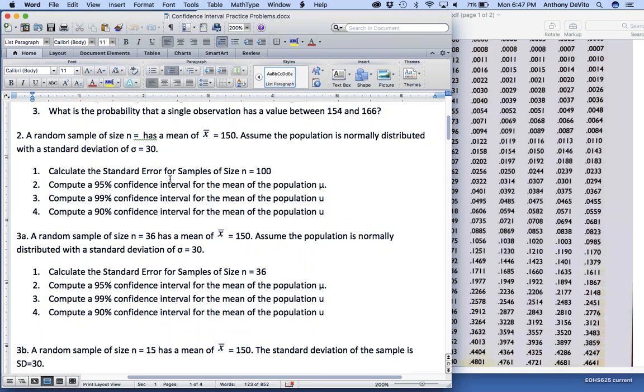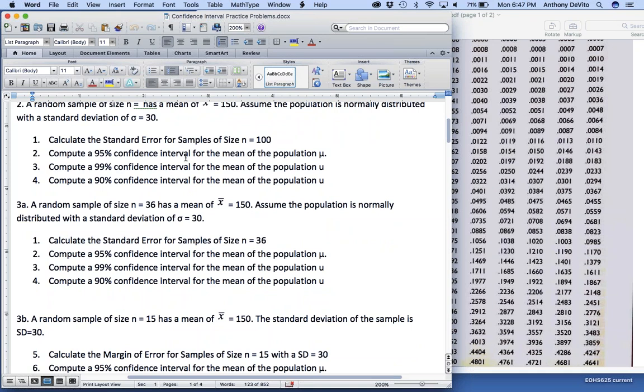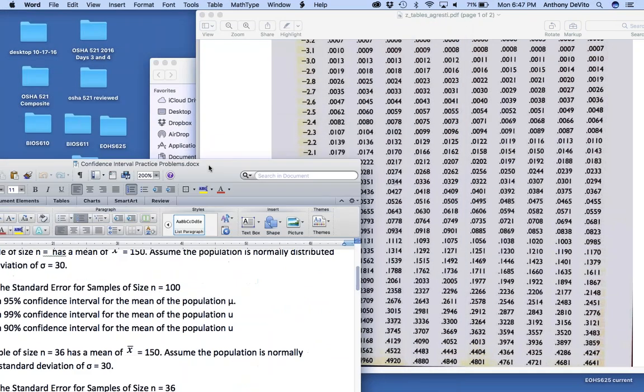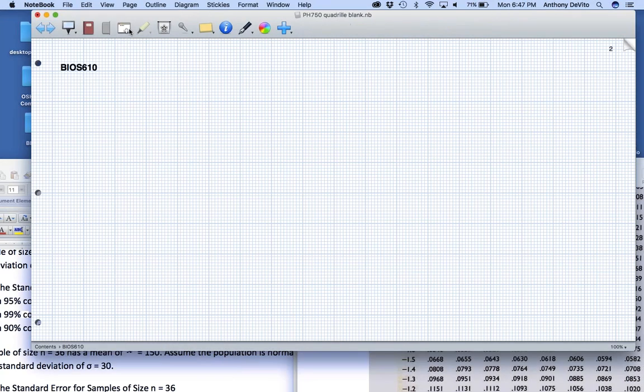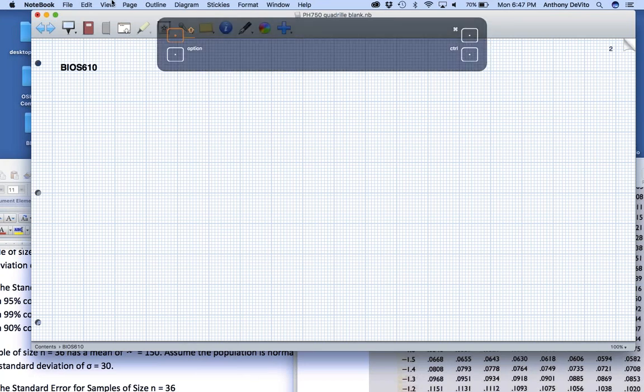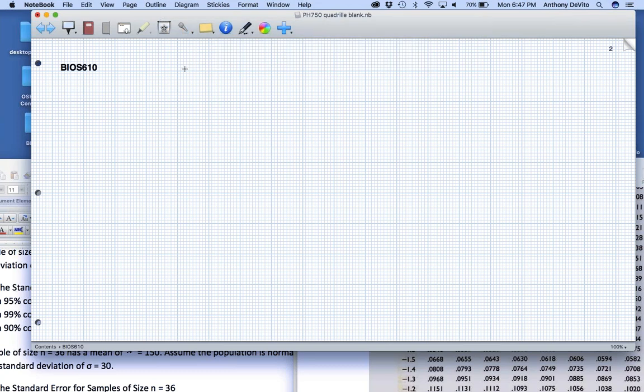Okay, now let's compute a 95% confidence interval for the mean of this population. We don't know the population mean, do we? So I'm going to pull this sheet up and work this out here. What did we know? We knew that n is equal to 100.